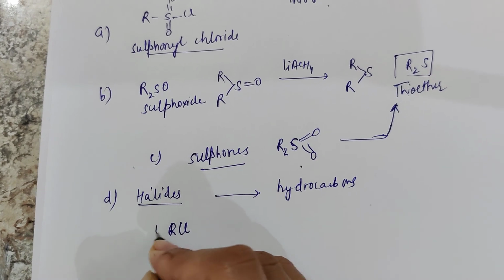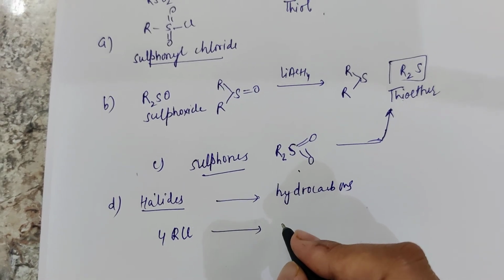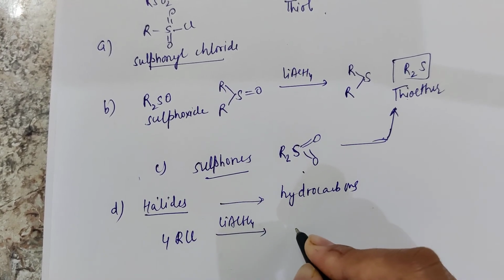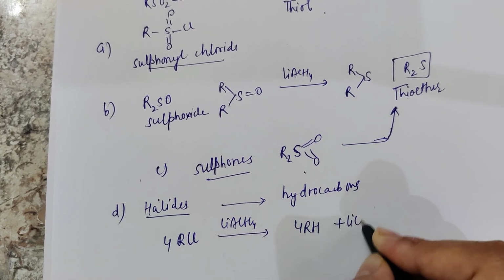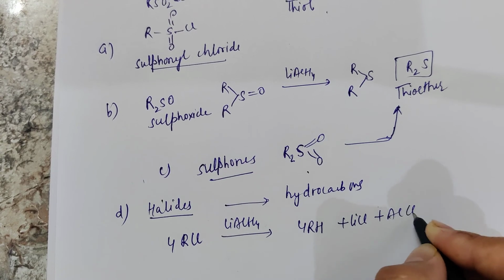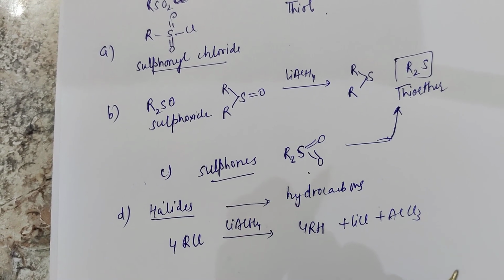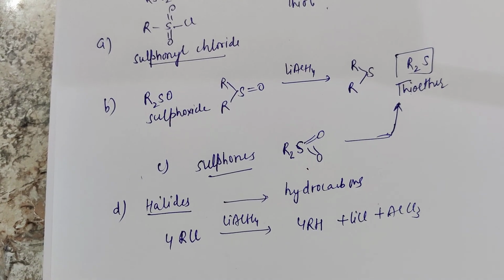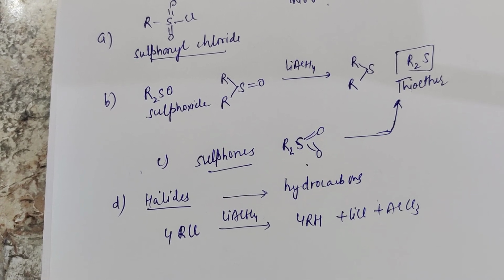Let's take an alkyl halide, alkyl chloride in the presence of lithium aluminium hydride gives us hydrocarbon, lithium chloride plus aluminum chloride. So these are some reactions which are carried out by using lithium aluminium hydride as a reducing agent.